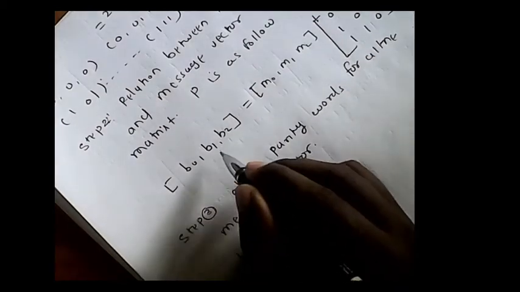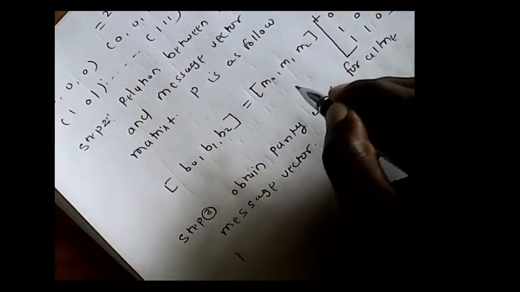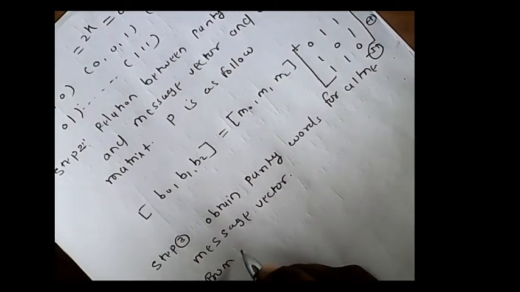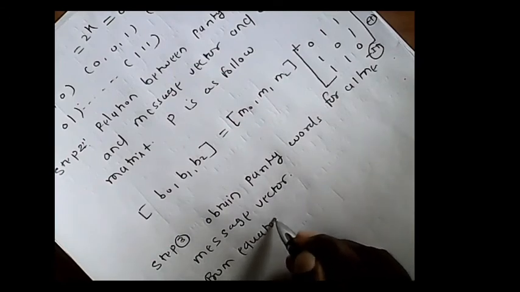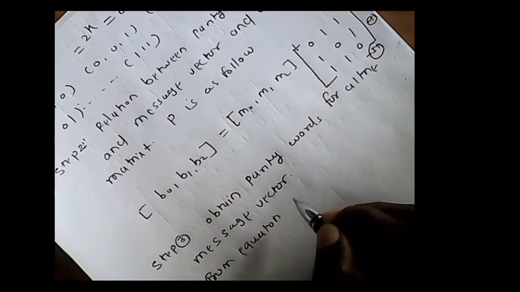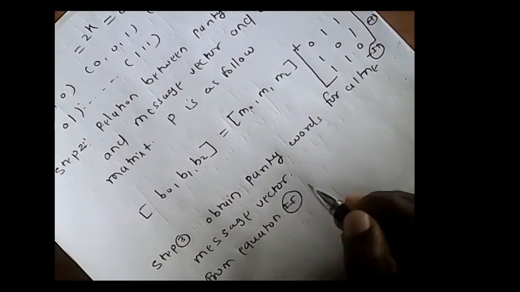From the above equation, step 2, this is equation number second. So from equation 2 we get the parity vectors after solving these equations.